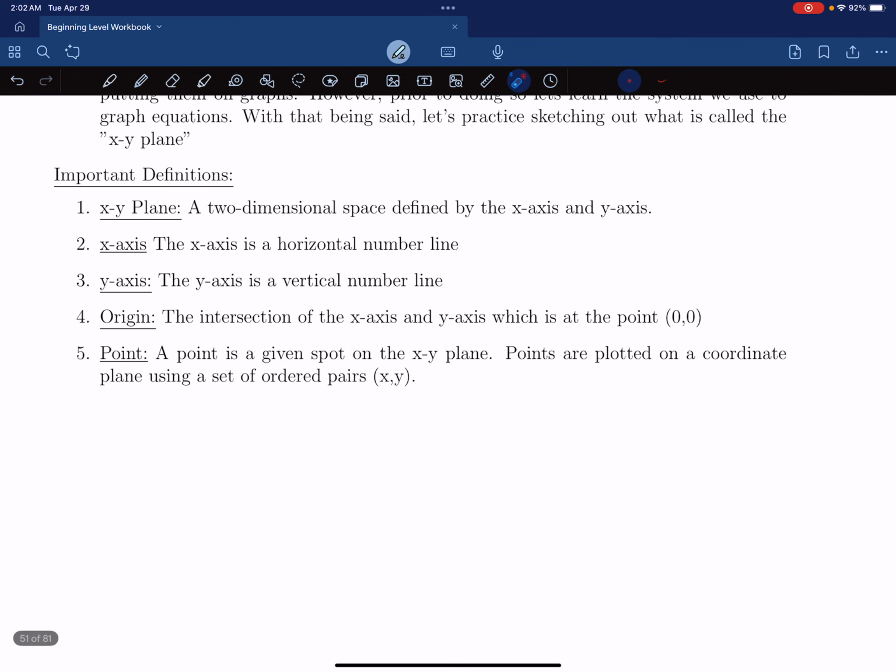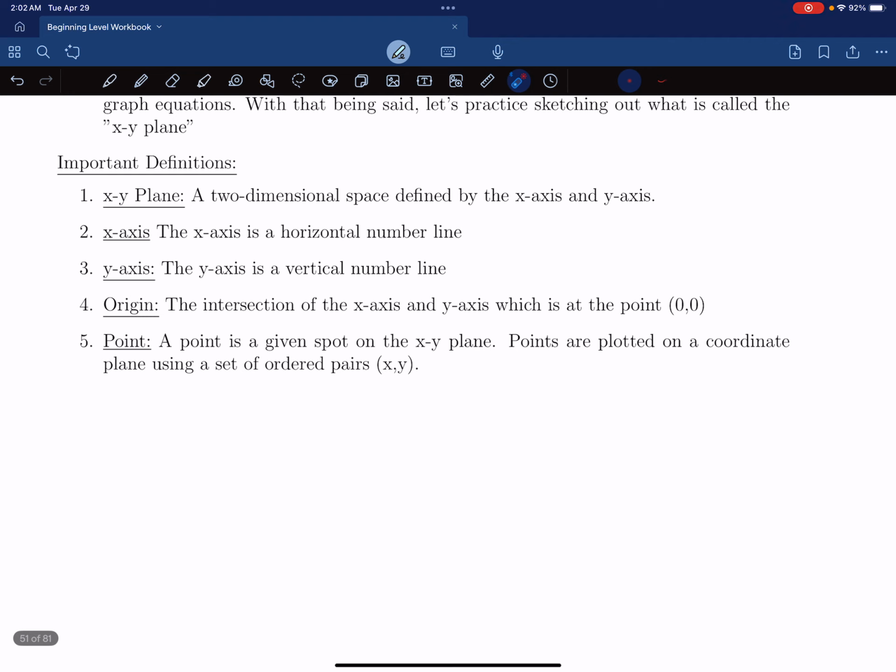So here are some important definitions to know. The XY plane is essentially a two-dimensional space that we draw out that is defined by two axes. These axes are the x-axis and the y-axis.